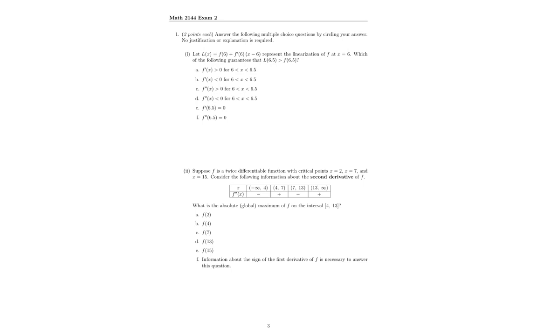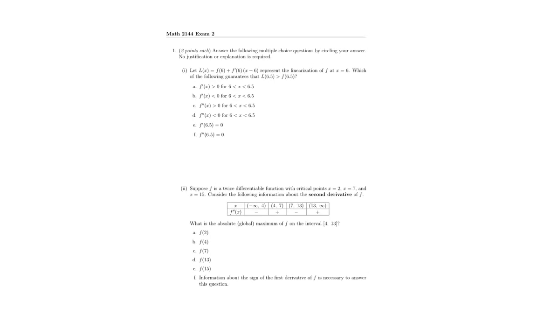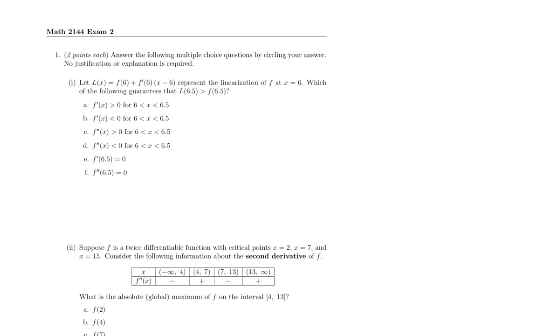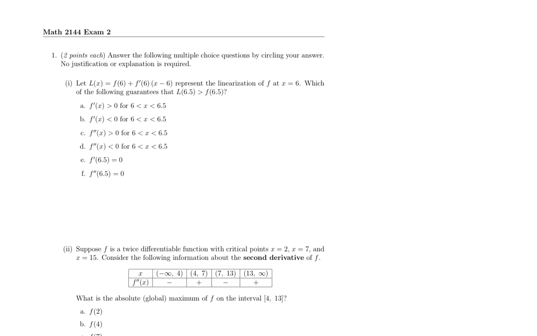Okay, so let's take a look at the first one. It says that I have some function L of x, which is equal to f of 6 plus f prime of 6 times x minus 6, representing the linearization of some function at 6. Which of the following guarantees that L of 6.5 is greater than f of 6.5?